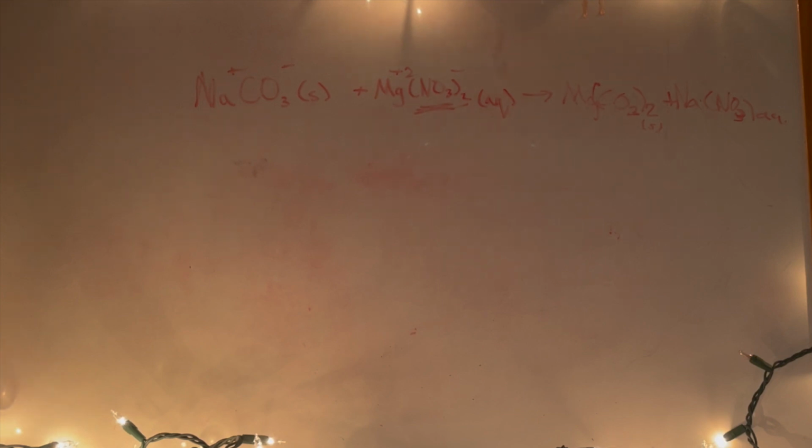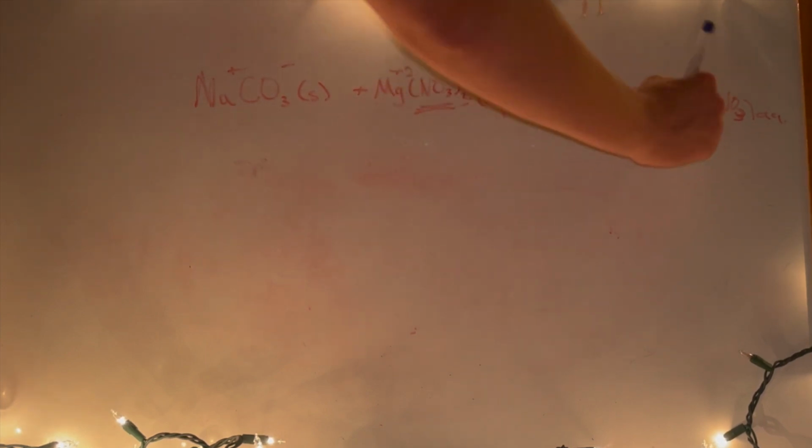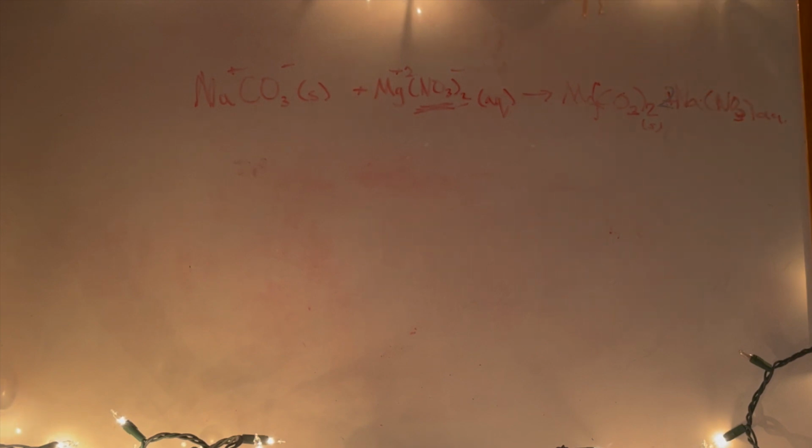Okay, so since we have one sodium on this side, one CO3 on this side, one Mg on this side, and two NO3 on this side, we need to balance the NO3 on this side, so it's going to be 2 NaNO3, and that means that we need 2 Na, and that will make up for the 2 Na as well. So this equation is fully balanced, and that'll be about it.